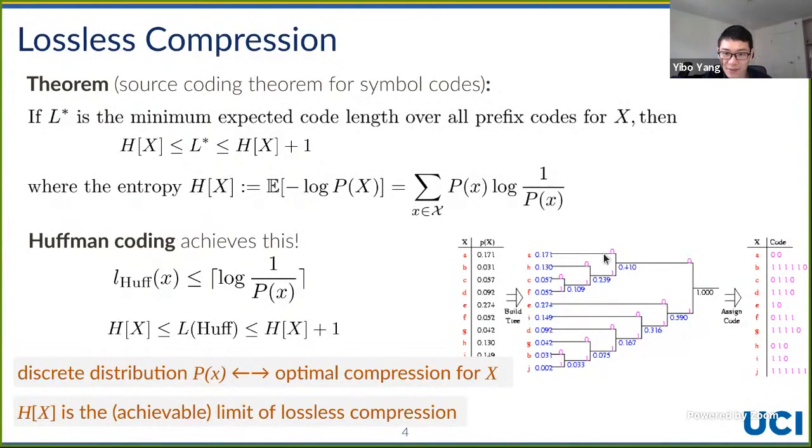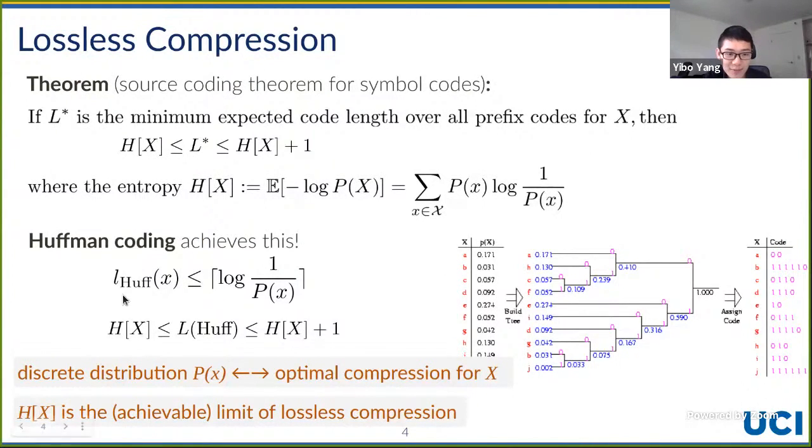And you can just read off this tree to get the code. Amazingly, the code length for each symbol is roughly this negative log probability, so roughly the information content in each observation. The code length of Huffman coding achieves this fundamental inequality. That is, we are very, very close to the entropy of the source.